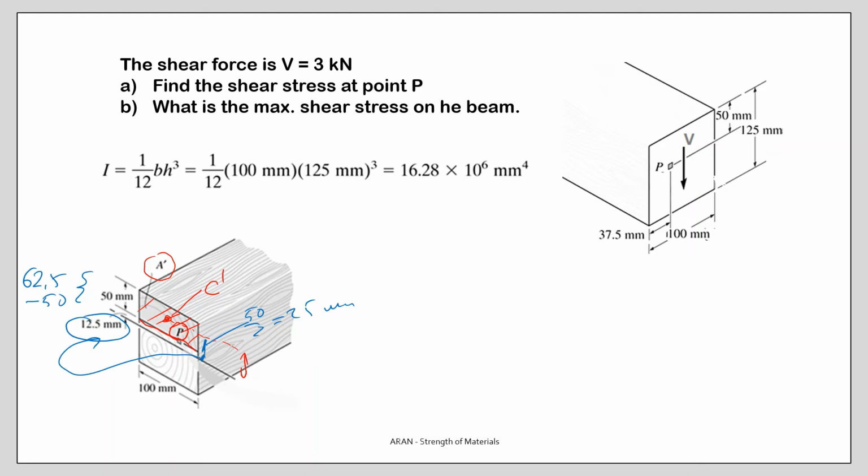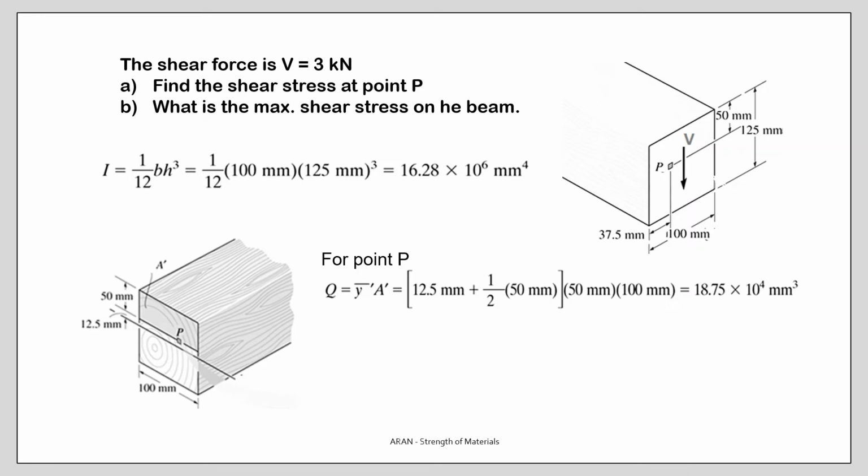So I can easily write that Q is first the distance, that is 25 plus 12.5, and the area, first the width times the height, 50, and so I do the calculation and find that the Q value for this point P is 1875 10 to the 4 millimeter cube.